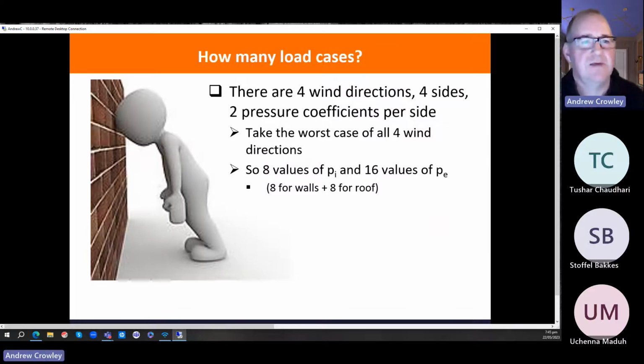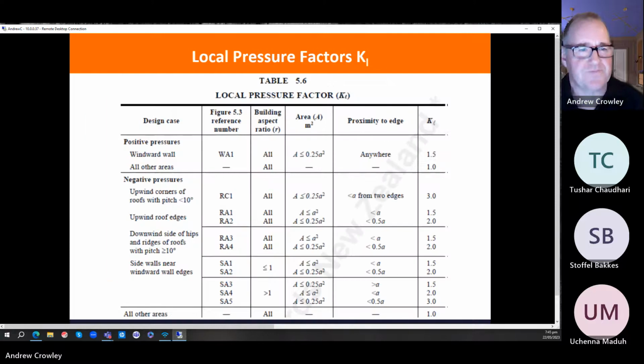So how many load cases? Well, we've already seen there are 4 wind directions, 4 sides, 2 pressure coefficients per side, and you've got to take the worst case for all 4 wind directions. So there are 8 values of PI and 16 values of PE, 8 for walls and 8 for roofs. That's a lot of wind code, a lot of wind pressures.